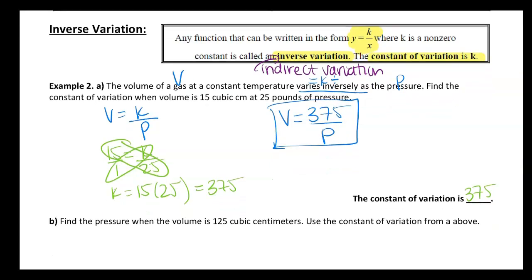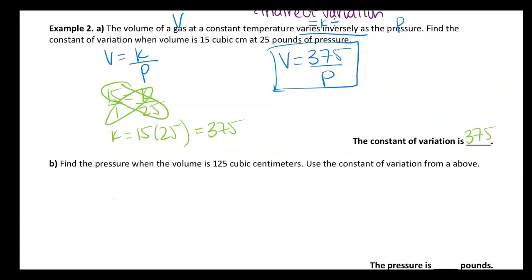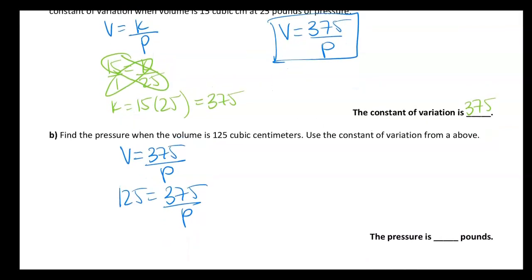Using this equation, just like we did before on the first page, find the pressure when the volume is 125 cubic centimeters. Use the constant of variation from above. So we're going to use the formula V equals 375 all over P. Since the volume is 125, I'm going to plug that in, 125 equals 375 over P. We're going to go ahead and solve, and in order to solve this, I'm going to cross multiply.